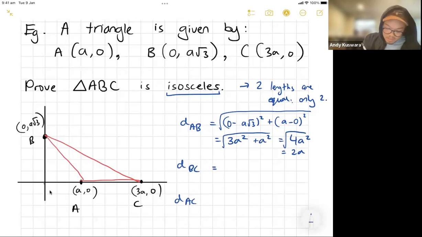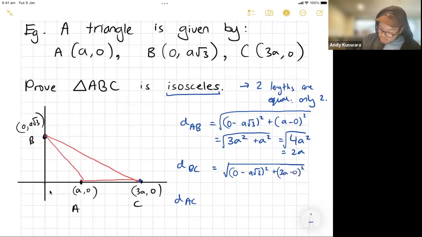Now for B and C, I'm going to go, let's see, (0 take away a root 3) squared plus (3a take away 0) squared.